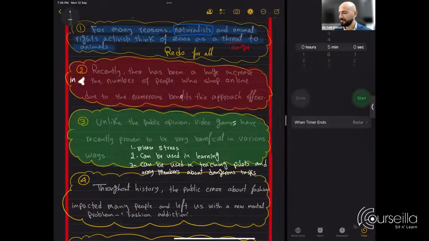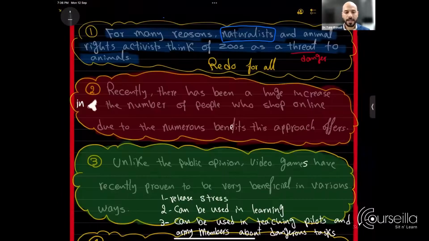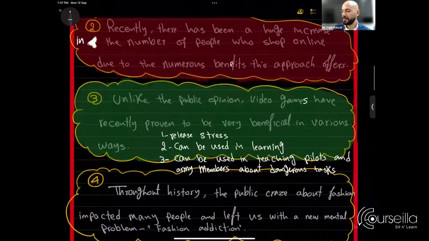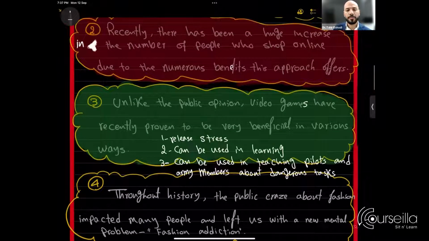Time is up. You guys now should send your paragraphs. Which topic did you choose to write about? Disadvantages of media, internet. Okay. طيب ها.